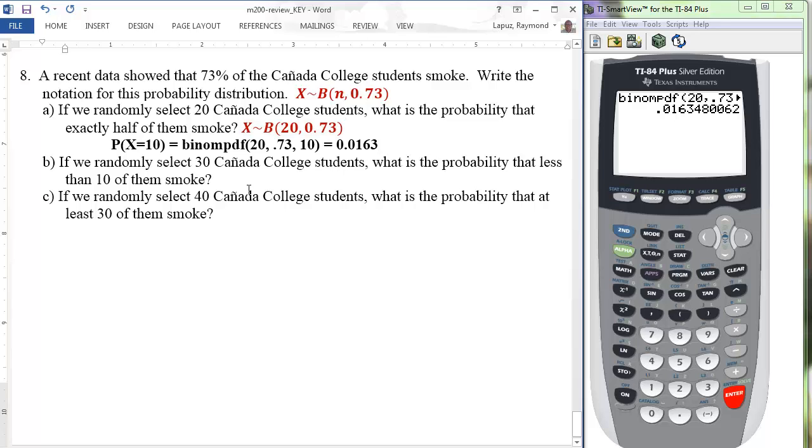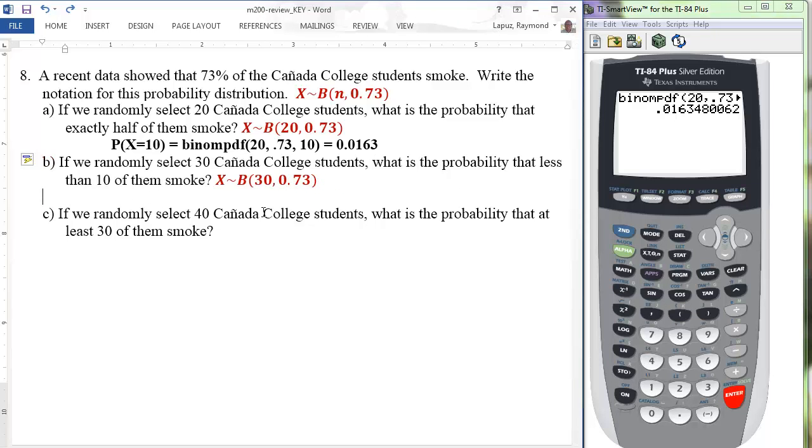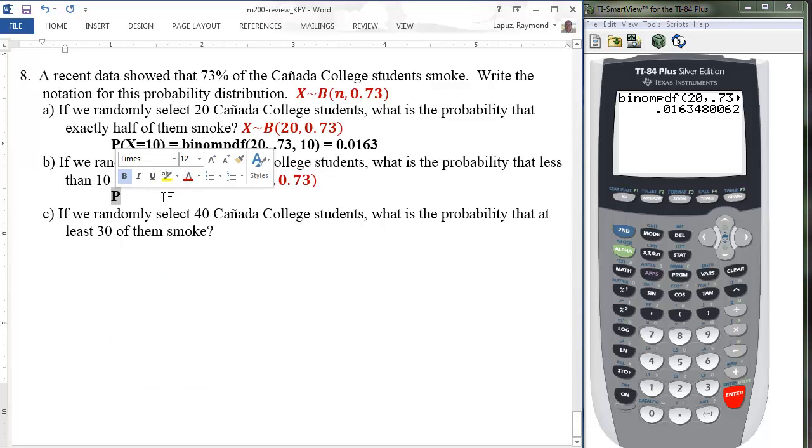Our next problem gives us, again, a different distribution. It's still a binomial distribution, but now our N is 30 because we're selecting 30 Kenyatta College students. So here we're looking at what the probability is that less than 10 of them smoke. So in terms of notation, let's use P of X is strictly less than 10.